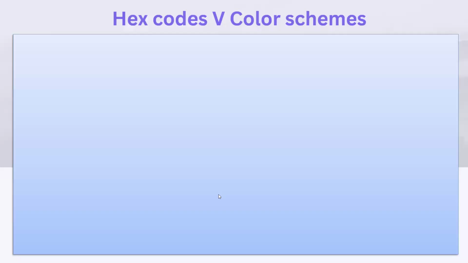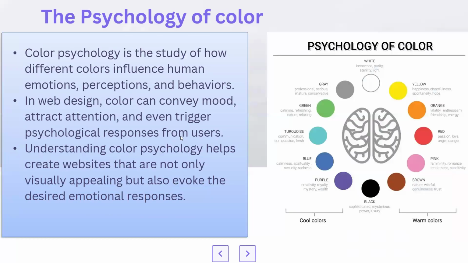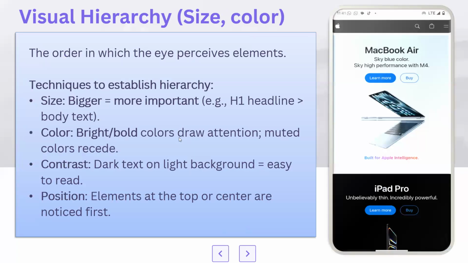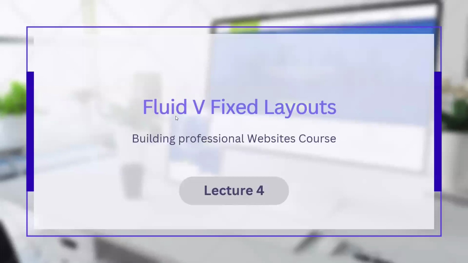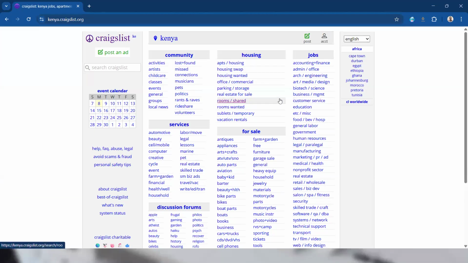All right, let's try to do some demonstration because the rest of the content here is purely practical. We're going to start with fluid and fixed layouts. So what I would do is to show you a website here. I have Craigslist. It took me a lot of time to get websites that are fixed.